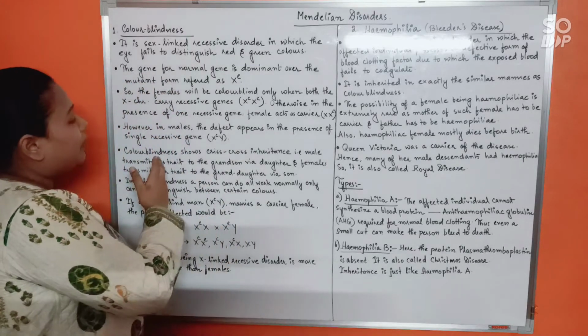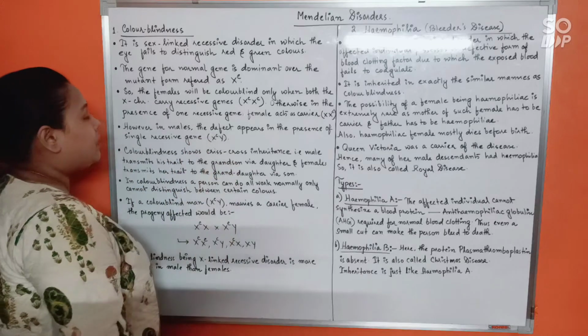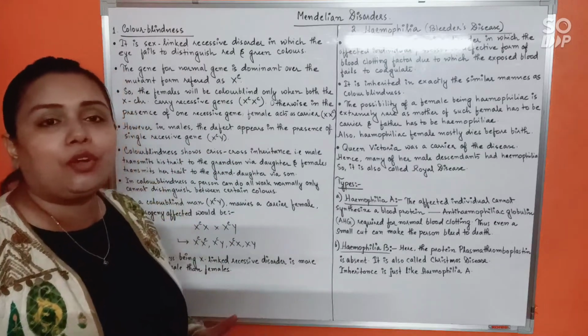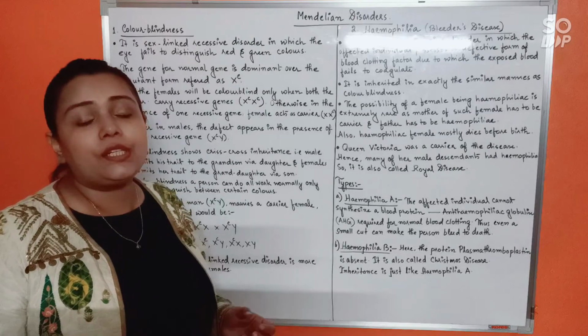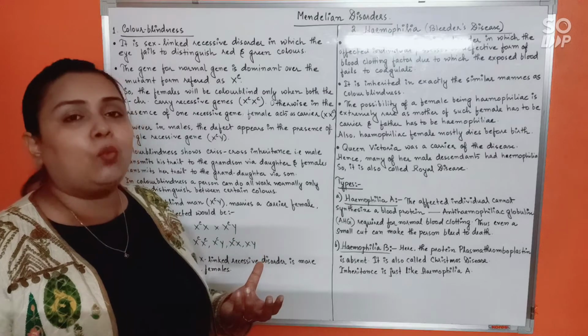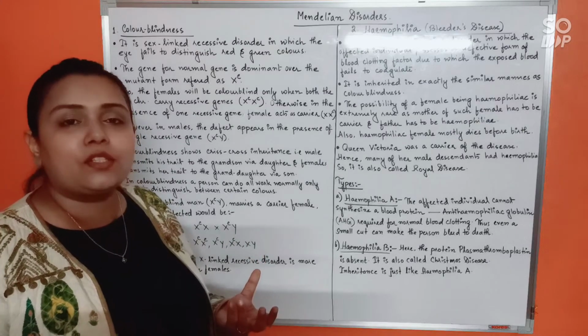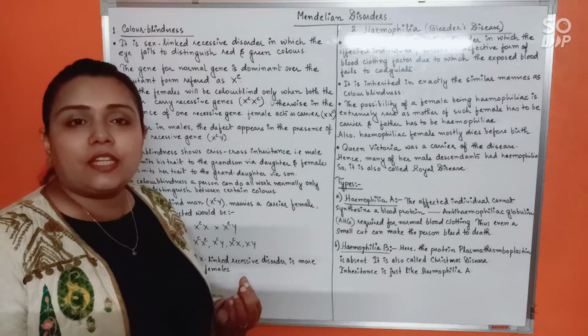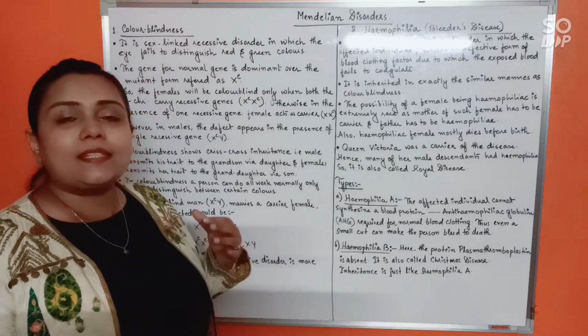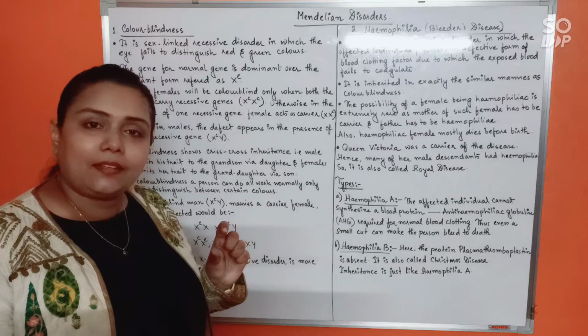Now, however, in males, the defect appears in the presence of a single recessive gene. Now, because I told you already in X-linked recessive disorders, the male has only one X chromosome, the Y being an empty chromosome, does not bear any genes, isn't it? So in that case, the eye color of the male is decided by that single allele, isn't it?